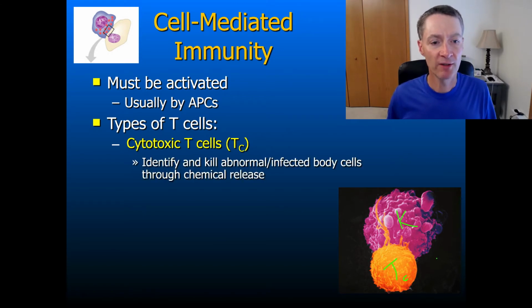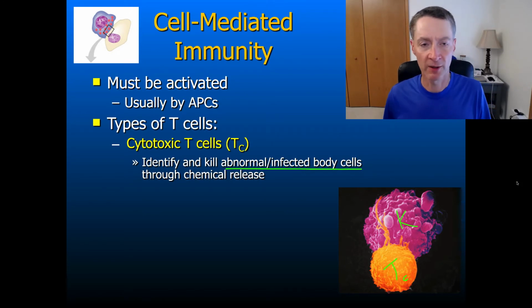Now, what cytotoxic T cells do is they identify and kill the abnormal and infected kidney cells or other body cells. They are not cells that are specializing in bacteria or some other kind of eukaryotic worm of some sort, right? These are specifically finding infected or abnormal body cells. Okay?